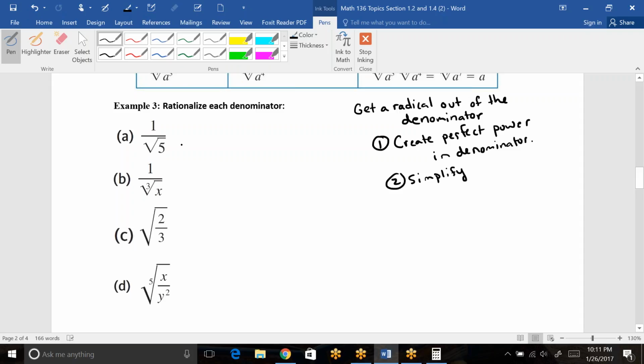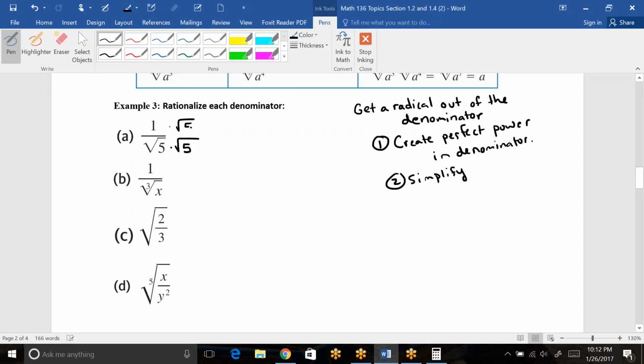That's not always true. It is for square roots. It's not for any other roots always. So if I wanted to turn 5 into a perfect power and it needs to be a square root, since this is a square root, I want to turn 5 into a perfect square. The way to do that is to multiply it by another square root of 5, because when you have two square roots that are multiplied together, you can multiply the numbers inside.